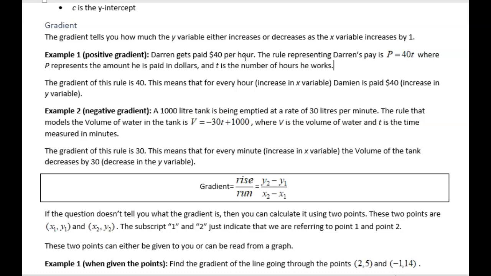So that means for every hour, every time the x increases by 1, his y variable, so in this case, the amount he gets paid, is increasing by $40. If we were doing that as a rule, that would be P equals 40t.